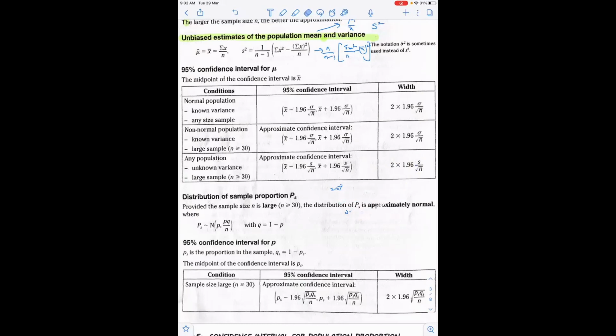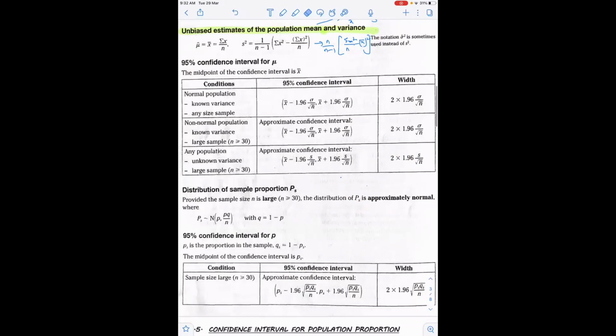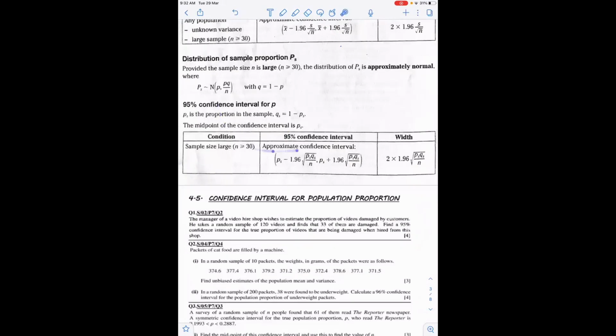Okay, now the last thing which is left. I don't want to go into a lot of examples. We'll do questions from the past papers directly. Okay, which are here. It says provided the sample size n is large, the distribution of p is approximately normal, where the variance is pq upon n.